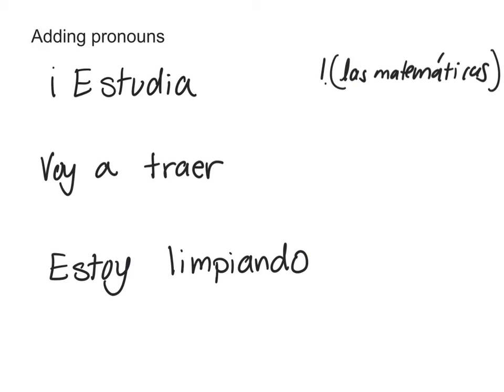So if we wanted to say study math, matemáticas would be our object. It's a direct object, so I would replace las matemáticas with las, and I would put it here at the end of our verb.